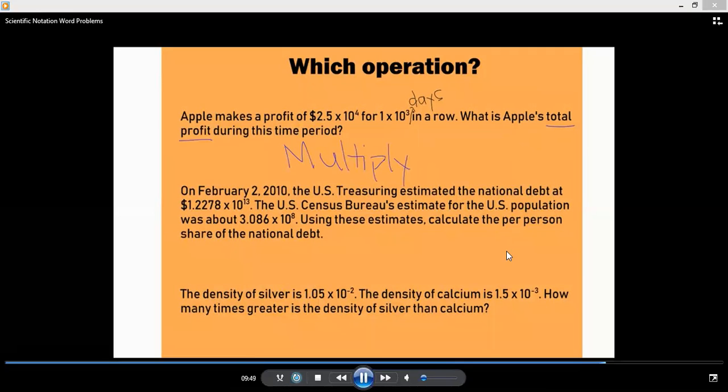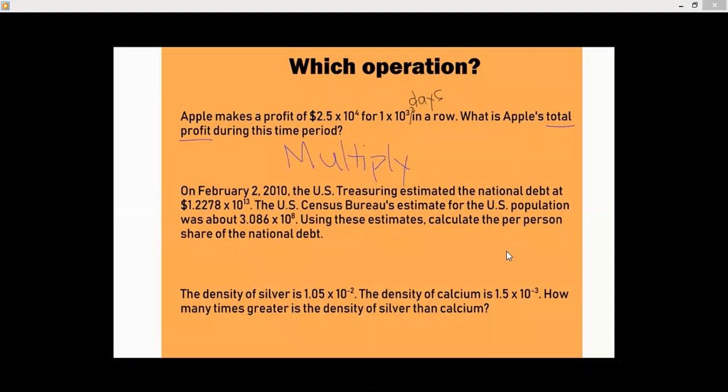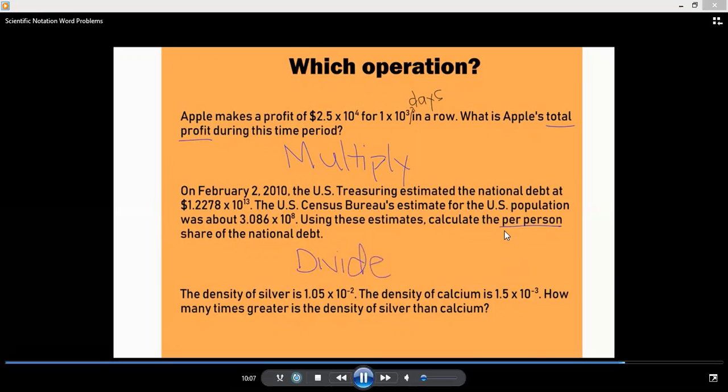Let's move to question number 2. On February 2nd, 2010, the U.S. Treasury estimated the national debt at 1.227. Then which words did he write here?